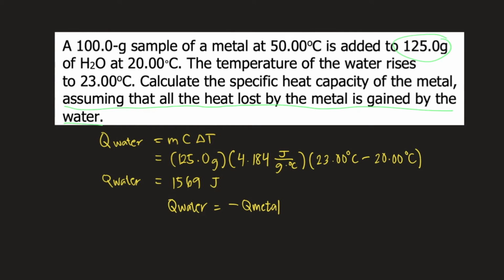They have the same magnitude but different signs. So Q water is 1569 joules. That is equal to negative Q of metal. Therefore, Q of metal is equal to negative 1569 joules.